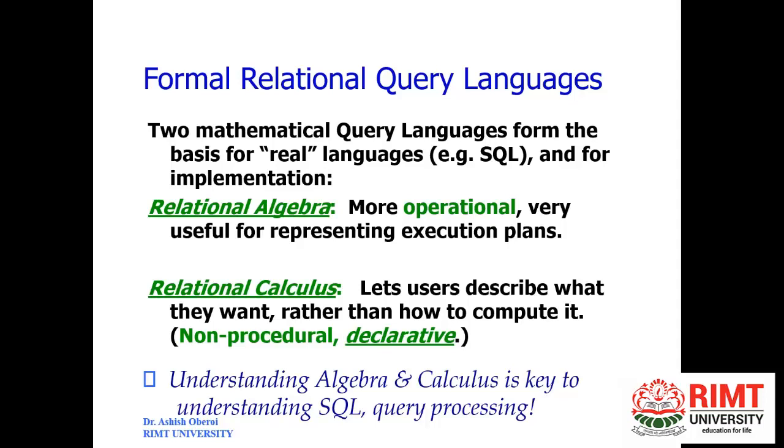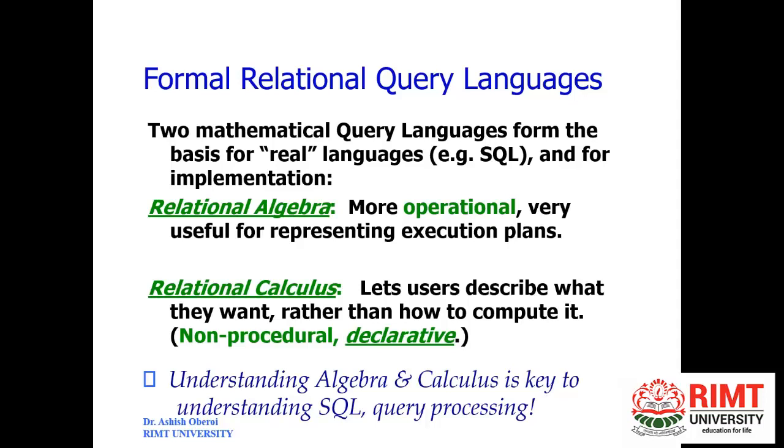Clear? So there are two types of subcategories of relational calculus. One is called TRC, that is tuple relational calculus, which deals directly with the tables, or with the records. That's why it is called tuple relational calculus. Another is called DRC, that is domain relational calculus.